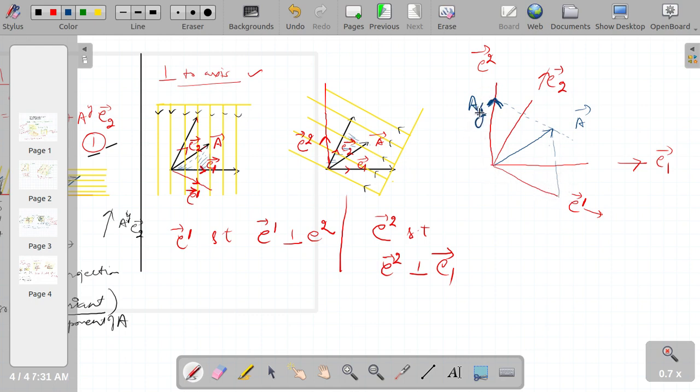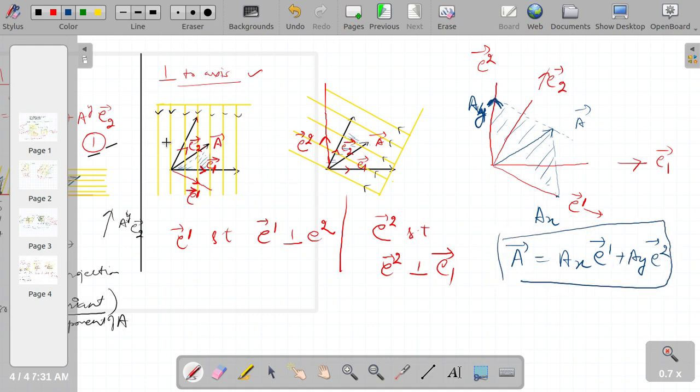Let me call it AY because it is along the y-axis. Then this will become a parallelogram. So this A vector can be written as AX E1 vector plus AY E2 vector. This equation resembles equation number 1, and that is the idea behind it.